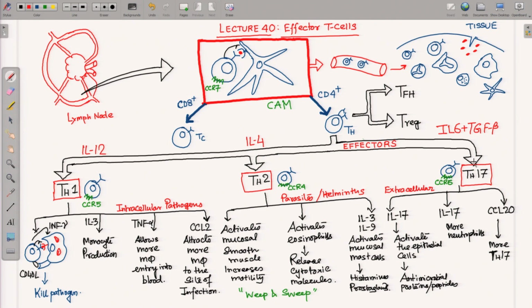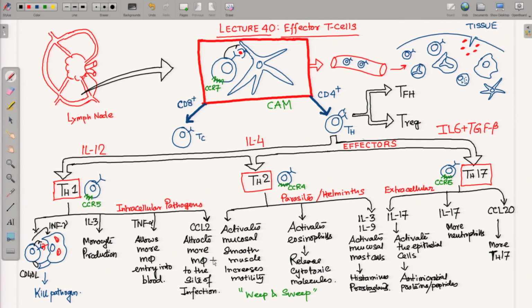Th1 primarily deals with intracellular pathogens, that means the pathogens which have been internalized. They activate the macrophages, help in monocyte production, allow more macrophage entry into the blood, and attract those macrophages to the site of infection.